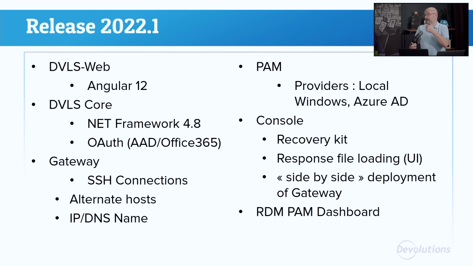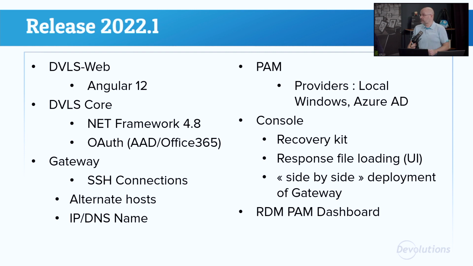For the console, again, coming from support staff, from our customers, we've improved the creation of the recovery kit, because it used to be files that were mostly left to your own devices. You would have to back them up, and they were in two places. So we've created a recovery kit.